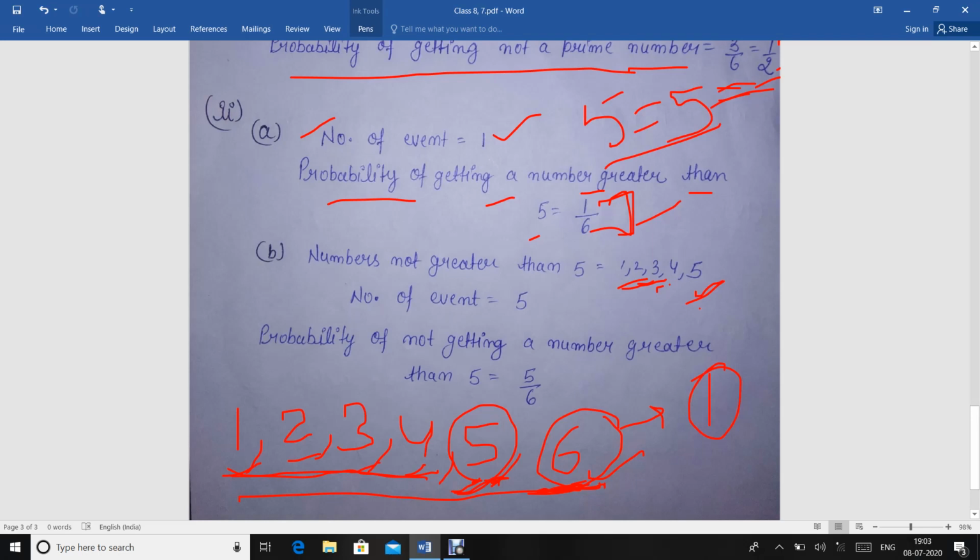So the numbers in the event are 1, 2, 3, 4 and 5. So the number of events is 5 and, as you know, total outcomes are 6. So the probability of not getting a number greater than 5 is equal to number of events, that is 5, upon total outcomes, that is 6. So the answer is 5 upon 6.